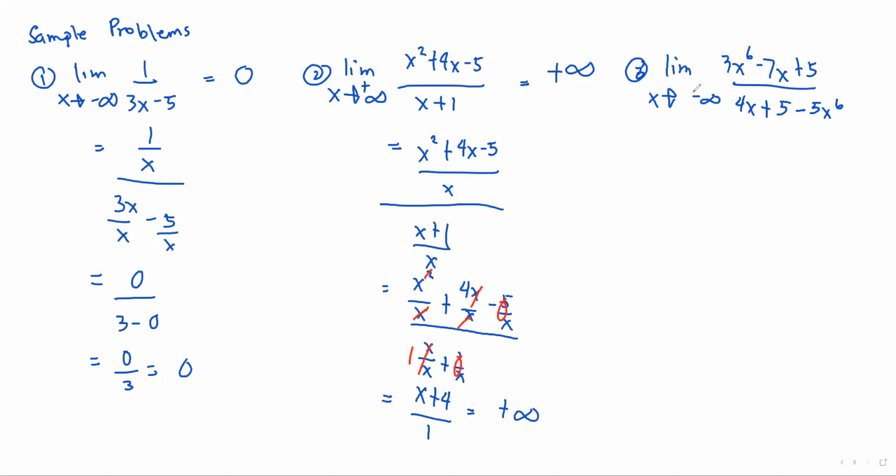Mapapansin nyo, technically, pinaikot ko lang naman yung mga variable, pero they have the same value of exponent. Parehas 6, di ba? So, as is lang natin yan. Magiging 3 over negative 5 is equals to negative 3 over 5. Either of the two, parehas lang yan. Pero, unspoken rule, when you have negative, palagi nilalagay yan sa numerator.